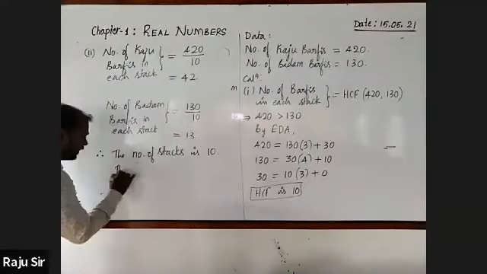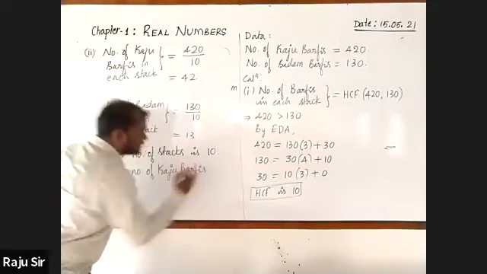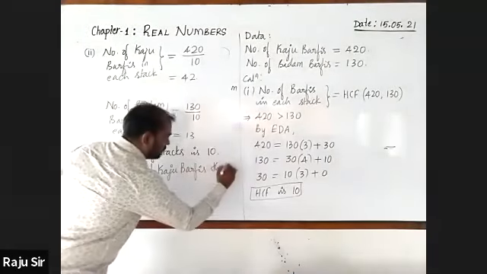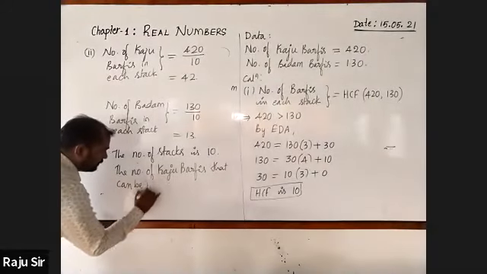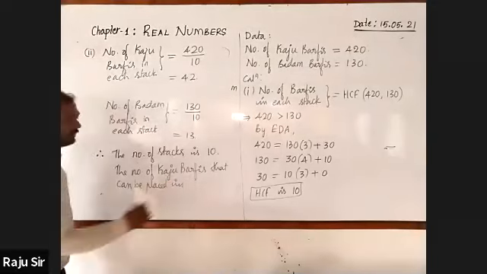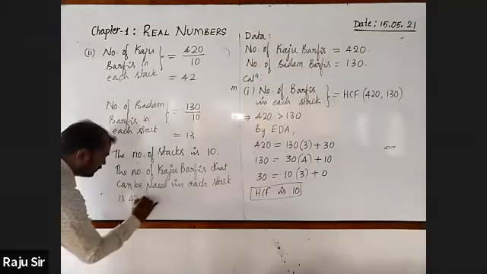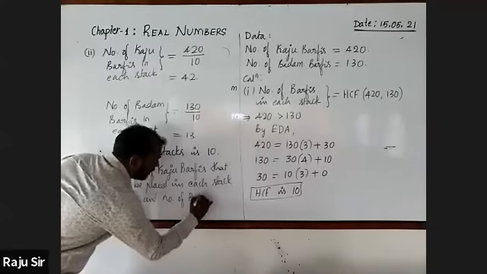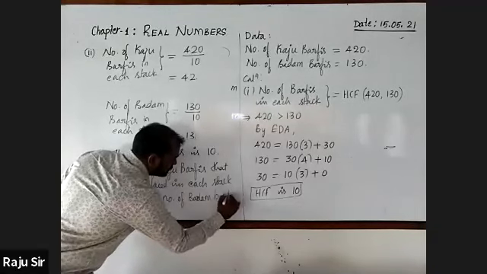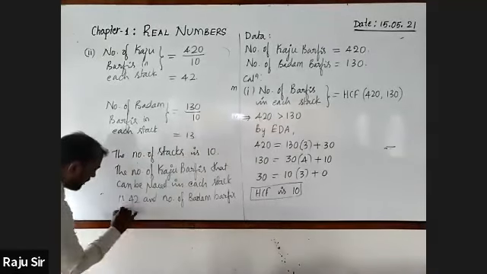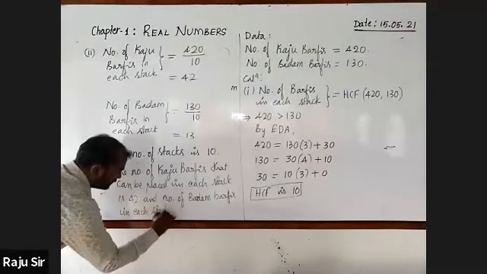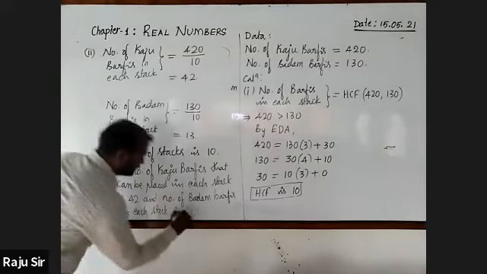Then the number of burfees that can be placed in each stack: kaju burfees is 42, and the number of badam burfees in each stack is 13.